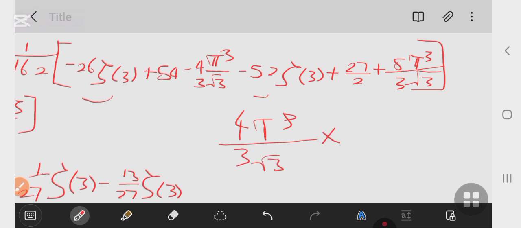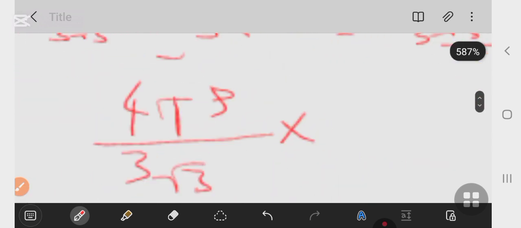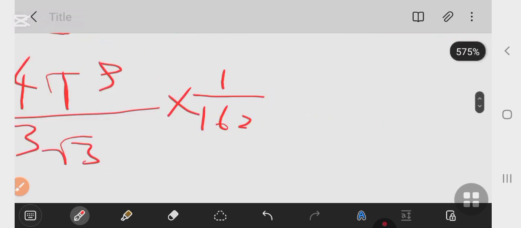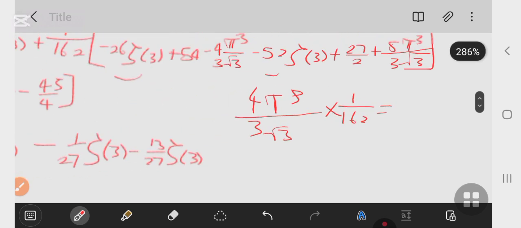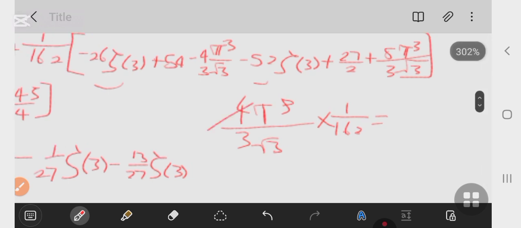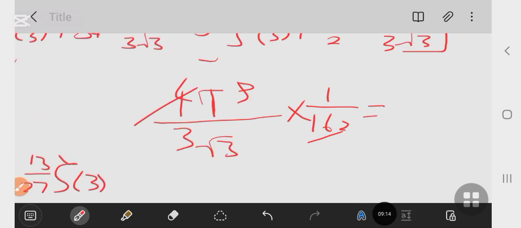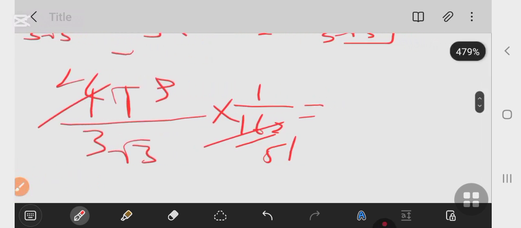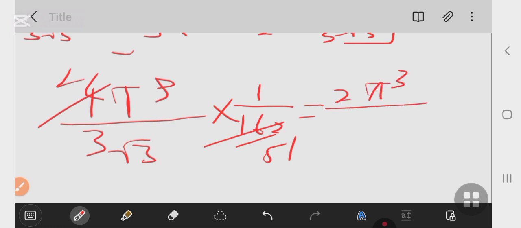Now when I multiply it by 1 over 162, 4 can divide 162, giving me 2 here, 2 remains, and 2 here. Okay, 4 cannot actually go through. If I reduce it, I'll be left with 4 pi cube all over 3 times 81 root 3.